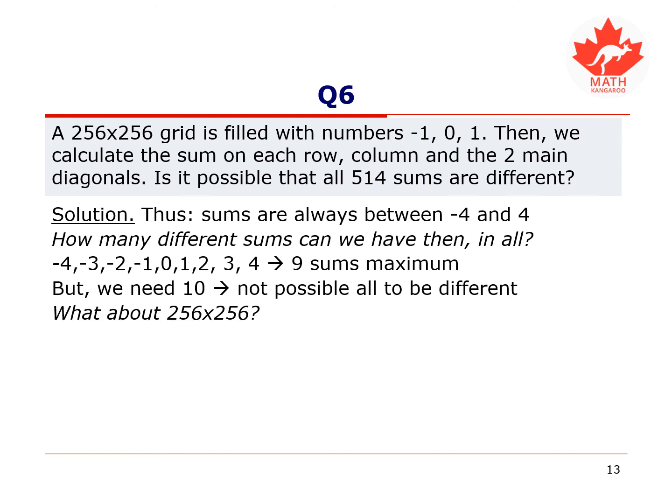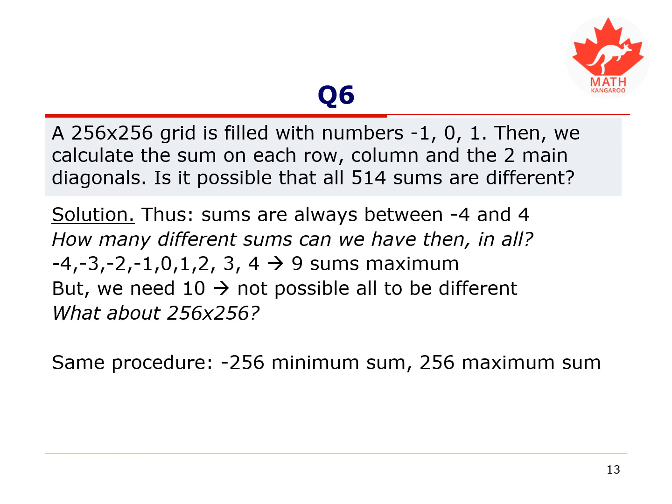Let's see what we can get up to. 256. Well, the smallest sum is -256, just like it was -4 before. The biggest sum is +256. And we've already said there are 514 sums in total. How many possible sums can there be? -256, -255, -254, all the way up to -1, 0, 1, all the way up to +255, +256.